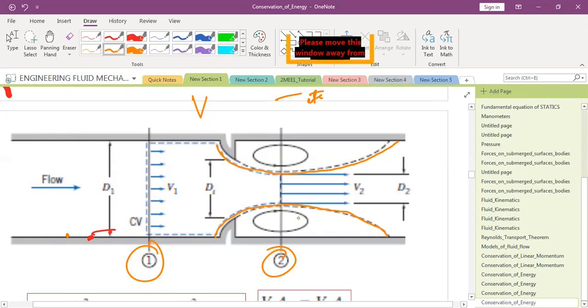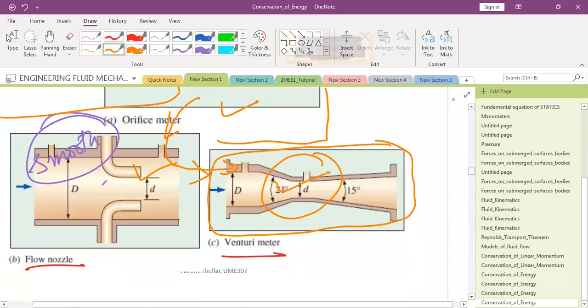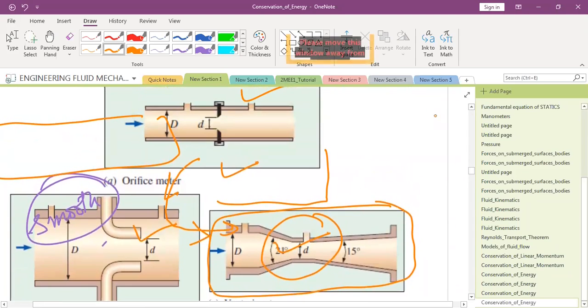But we know that this diameter is far greater than this diameter. So D2 will be less than DT, and my follow-up question is, in which case will this difference be highest and in which case will it be lowest for the vena contracta?